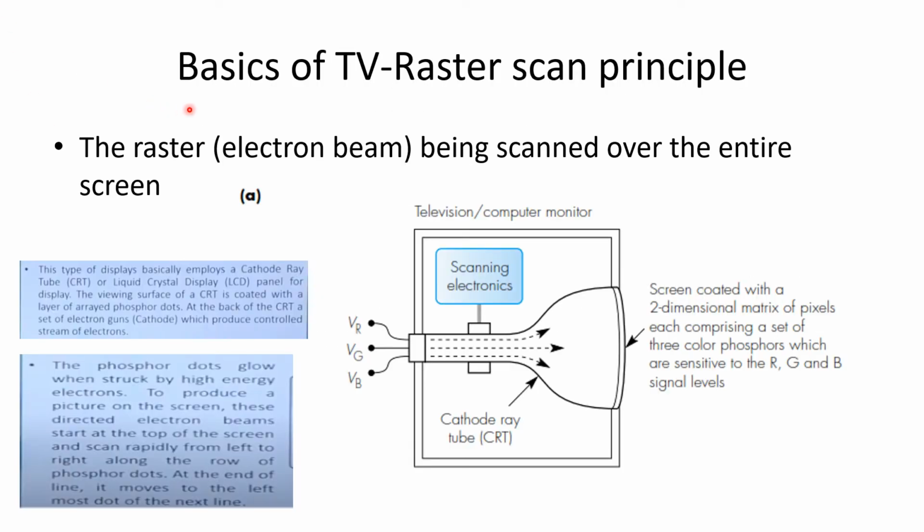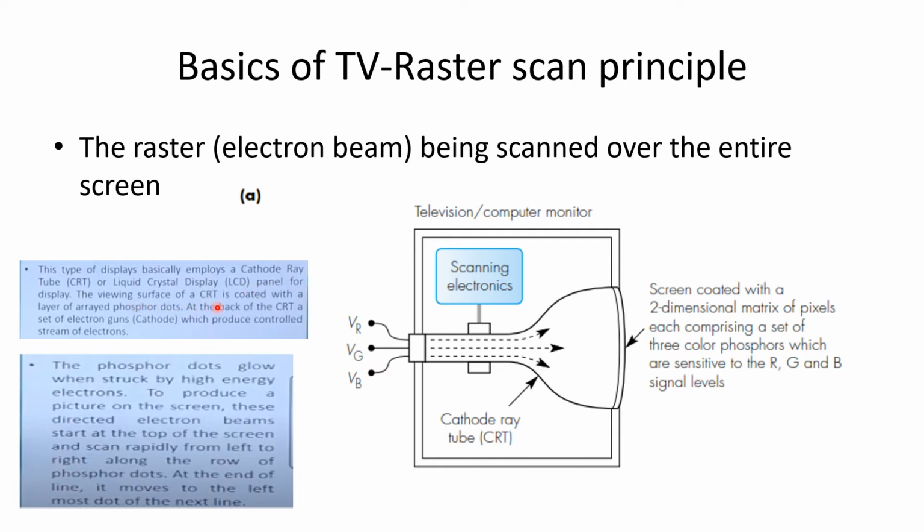When we understand the basics of TV, we have to see the scanning principle. What we mean by scanning is the process by which the optical image of the object, that is our televised object, is formed on a photosensitive plate of the TV camera. We know that we always use a type of CRT display or an LCD, liquid crystal display.